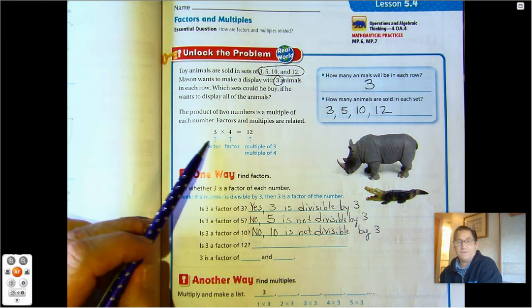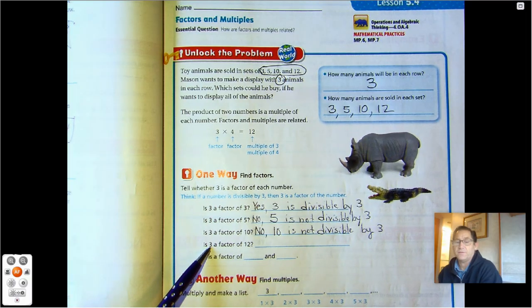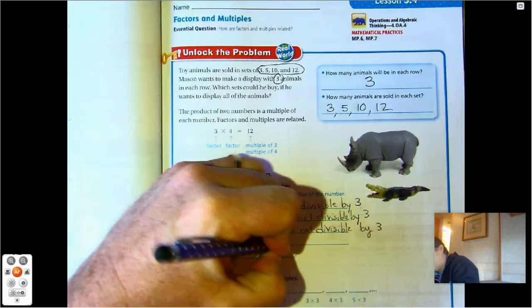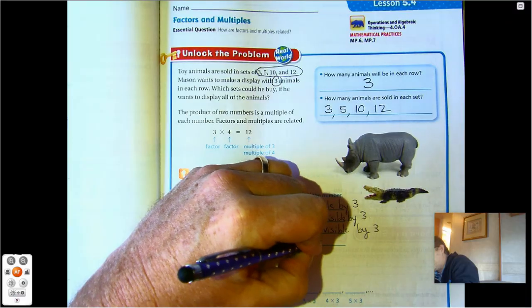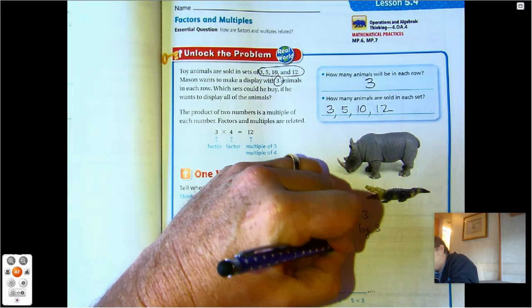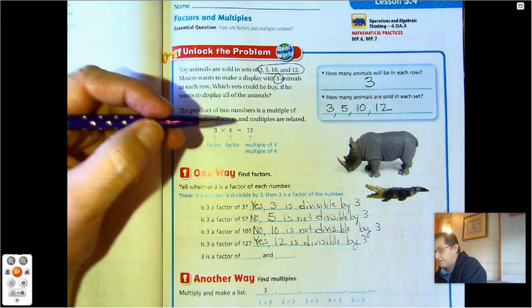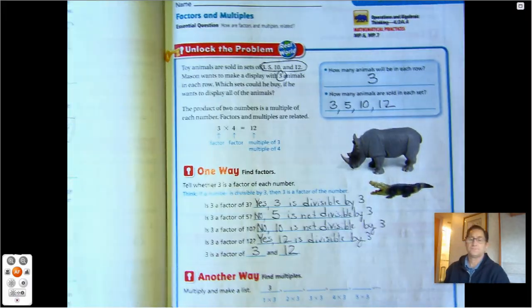Well, we already kind of know that from up here in this problem, but if I was counting by threes, would I say 12? 3, 6, 9, 12. Yes. 12 is divisible by 3. So 3 is a factor of 3 and 12.